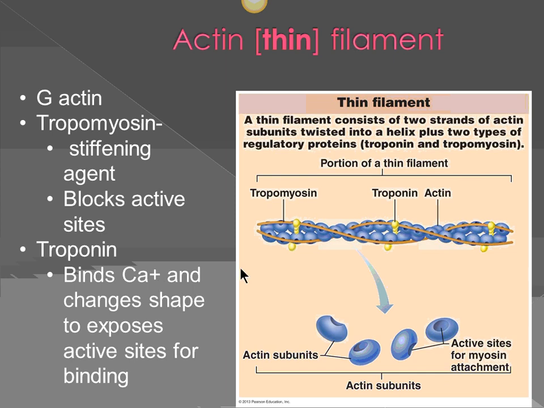When it binds calcium ions, the shape changes in such a way that the tropomyosin is pushed away, so the active sites are open and myosin can attach to them. So it changes the shape of this whole actin filament, moves the tropomyosin away, and the active sites are unblocked and myosin can bind. These are the actions of tropomyosin and troponin, and actin is the actual filament which has the active sites to which myosin will bind.